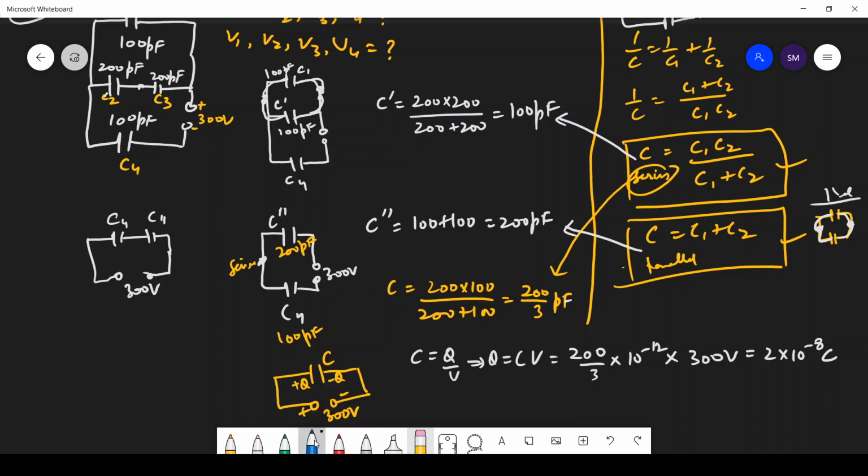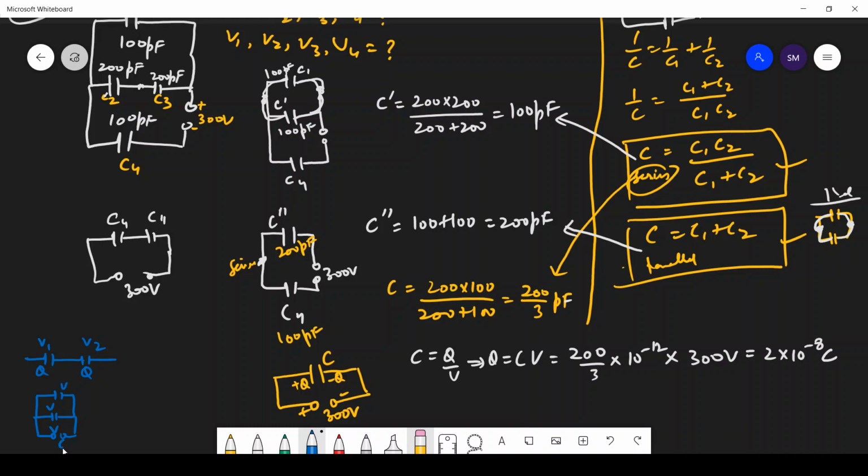Now I discussed with you in the beginning, let me remind you again, that in series the voltage is divided and the charge is the same. In parallel, the voltage is the same and the charge is divided.